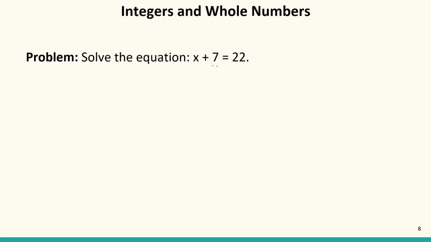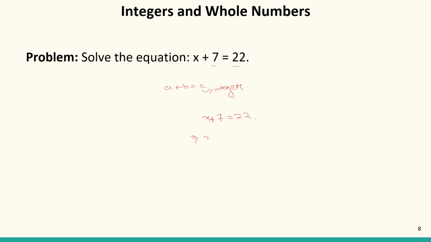Here you can see that 7 and 22 are integers, right? We have previously learned that if a is an integer and b is an integer, and a plus b is equal to c, then c is also an integer. So x must be an integer, as we can see that x plus 7 is equal to 22.